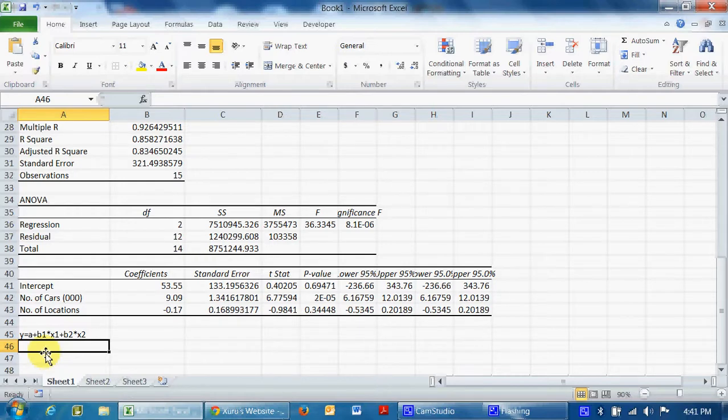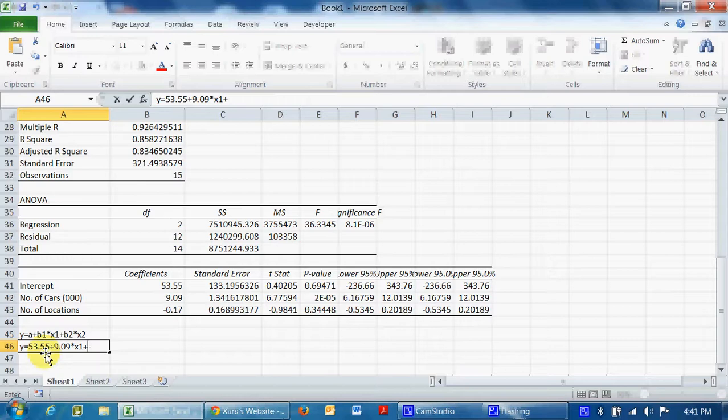Now I'm going to enter this equation with the new data numbers I have up there in cells B41 through B43. I'm going to enter it with our new data points. So y equals A, which is going to be 53.55, plus B1, which is 9.09, times X1, plus B2, which is negative.